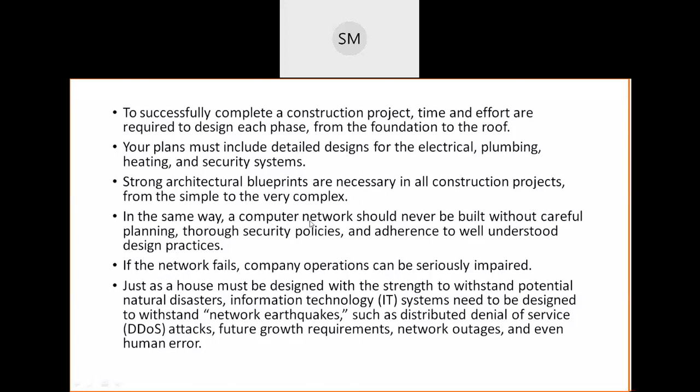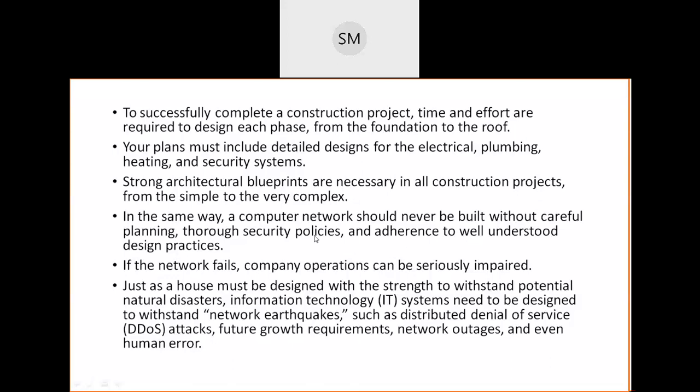Before constructing or establishing a computer network, we should have careful planning, and we should take care of security policies here, because there may be sensitive data which is going to be transferred from one computer system to another through this network.